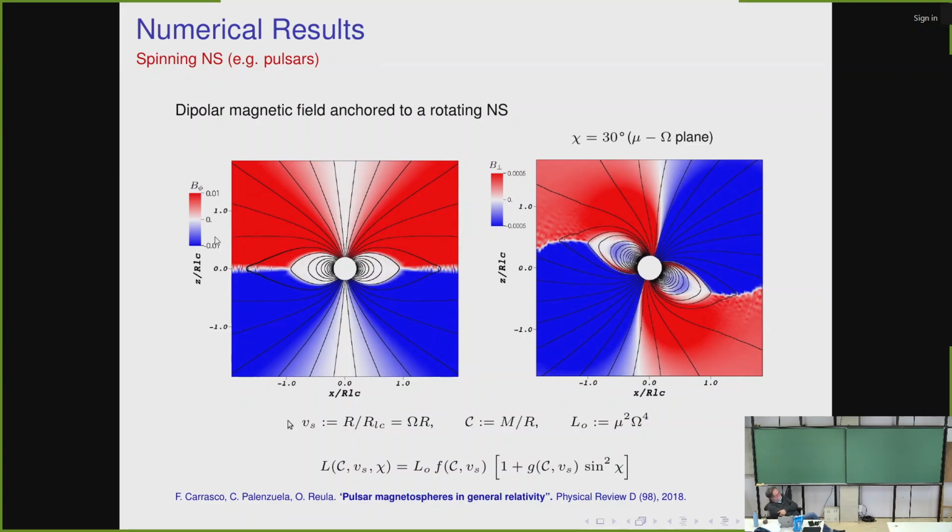The other is the angular velocity of the neutron star, computed by the ratio between the radius of the star and the radius of the light cylinder. Also, since we incorporate gravitational curvature, we have a compactness parameter, which measures the ratio between the mass of the neutron star and its radius. We studied different configurations and explored the impact of the gravitational field on the spin-down luminosity of the pulsar.